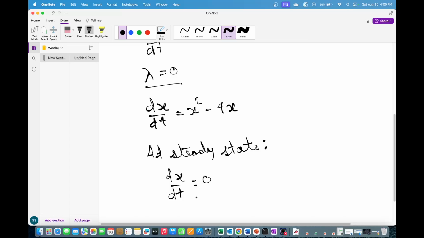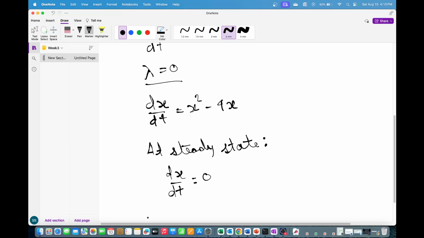But when you have multiple equations, if you remember from last class, we will have to draw null lines for the dependent variables. There will be one null line where dx/dt equal to 0, that will be one curve or a line, and there will be another curve or line where dy/dt equal to 0, and in the xy plane where these two lines meet will be the steady state. Individually these lines are called null lines, just to recap from last class.